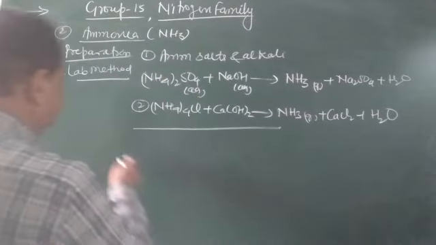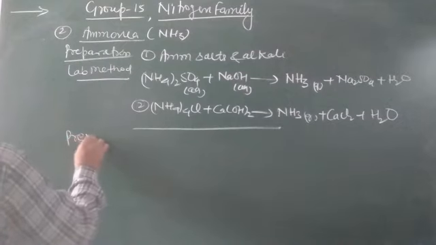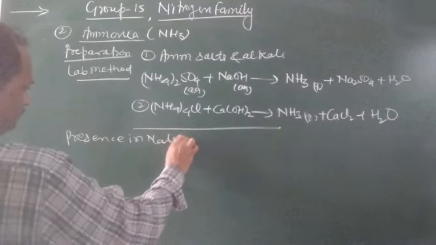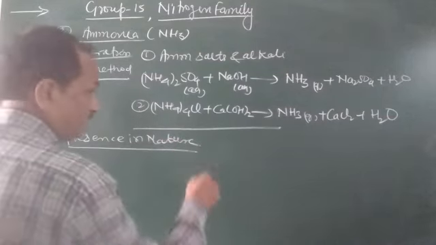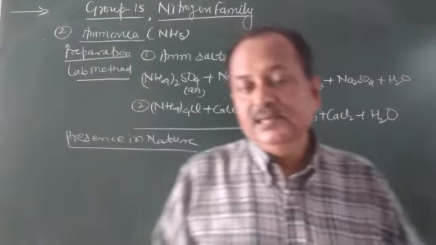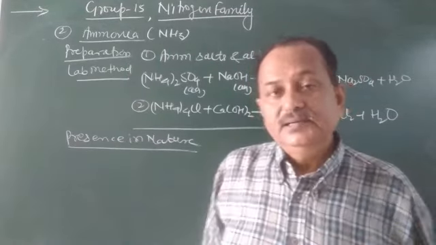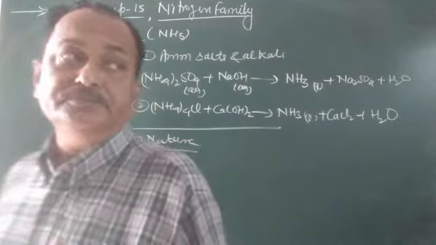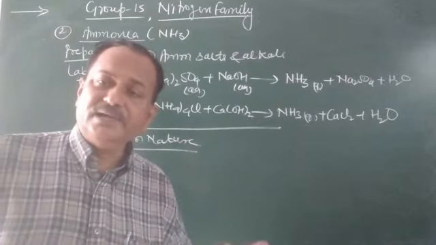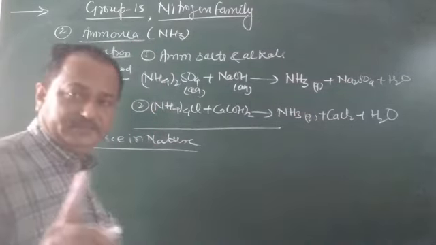Now in nature, how does ammonia come in nature? All the animals consume proteins, and the proteins are converted into different nitrogenous compounds, and ultimately there is formation of urea in the body of all the animals.